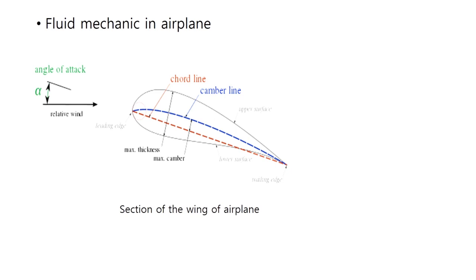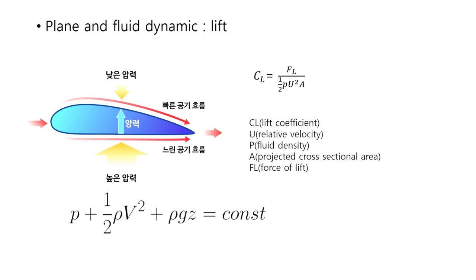Pressure will be lowered around the upper section of the wing where the speed has increased, and opposite for the lower section. Because of this, a net force will act on the upper direction of the wing as a whole, and because of this, a lift will occur and the plane will float upward.